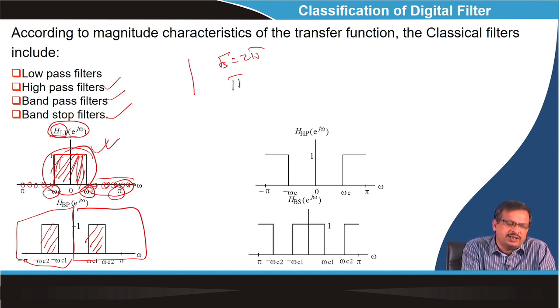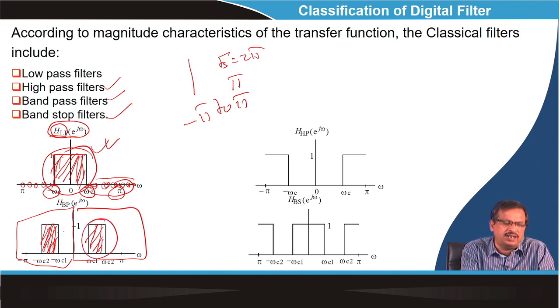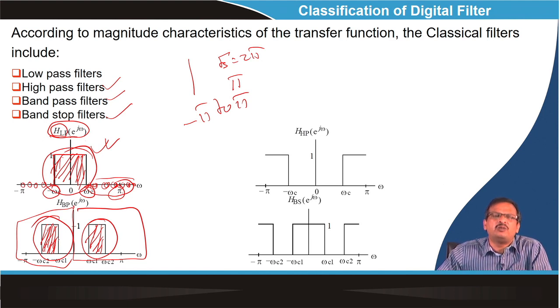Similarly here there will be a band on the negative axis as well, because the frequency response spans minus π to π. So this band of frequencies will pass. The frequency response is like this: this is the positive side, this is the negative side, and this is the band. This is called the pass band, and elsewhere it is 0. So this is the band pass filter.